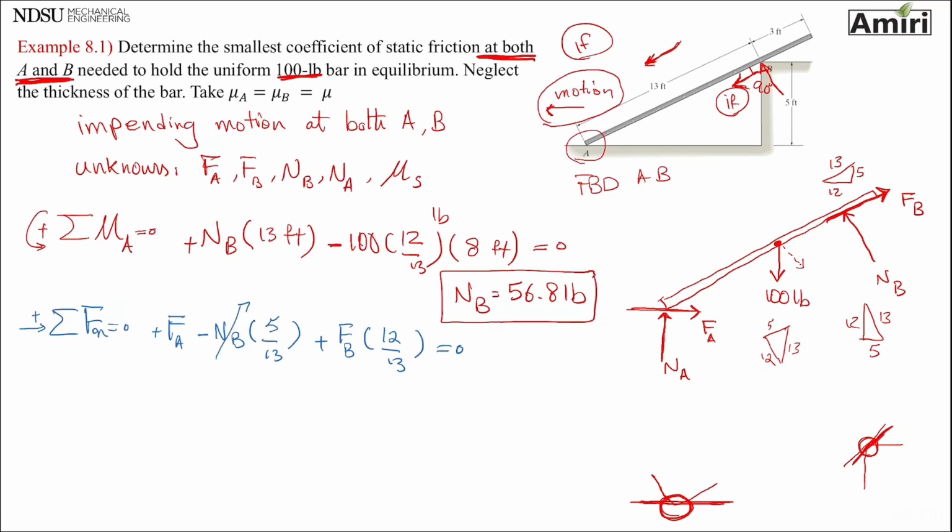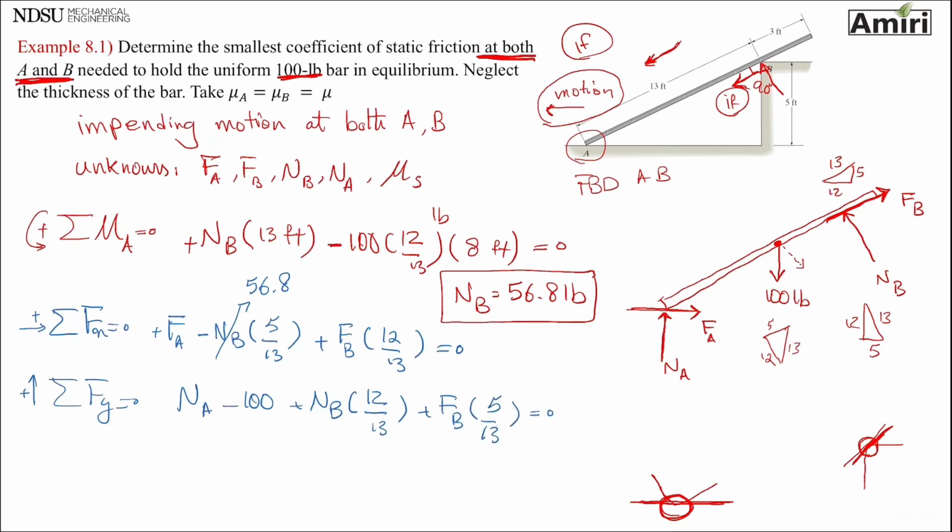NB I already found to be 56.8. I still have two unknowns. Summation of forces in Y direction being 0. I have NA minus 100 plus the vertical component of NB, which is 12 over 13, plus vertical component of FB, which is 5 over 13 equals 0. NB is 56.8. I still have FB and NA.